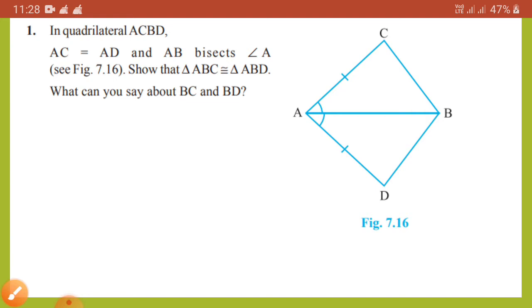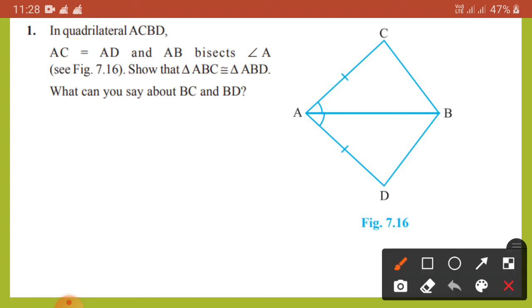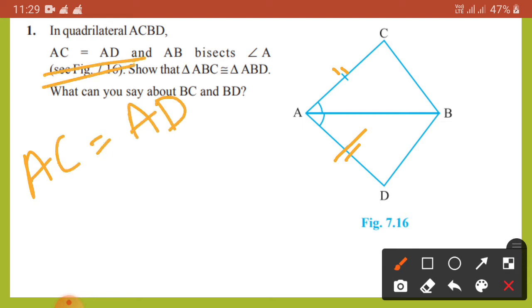Okay, so now at first we are looking at this figure. In this figure we can see triangle ABC and triangle ABD. AC equals AD is given.